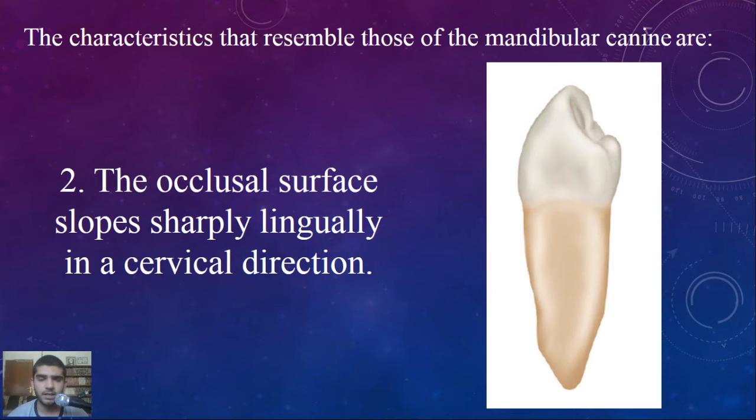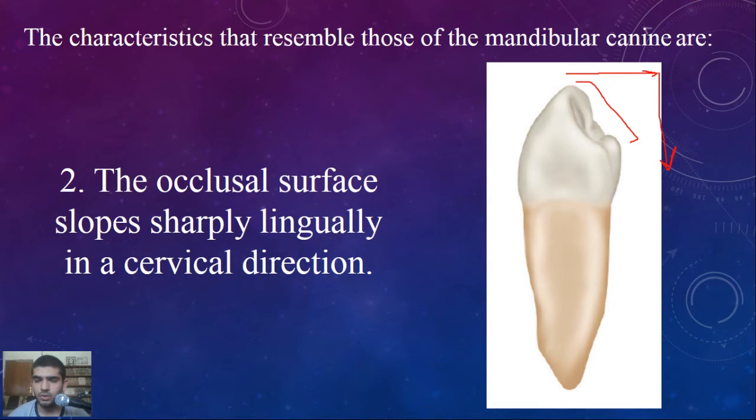The second characteristic resembling the mandibular canine is that the occlusal surface slopes sharply lingually in cervical direction. What does that mean? This is the occlusal surface. It is sloping lingually in cervical direction.